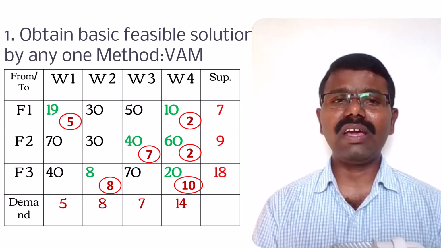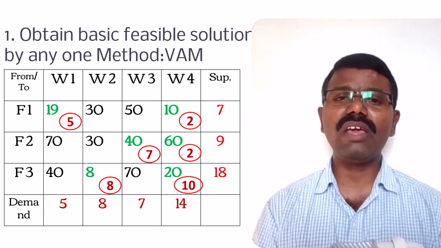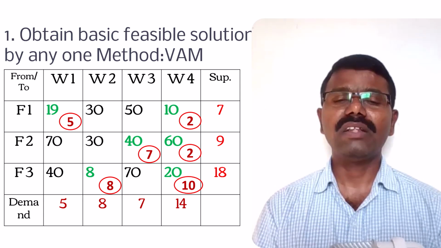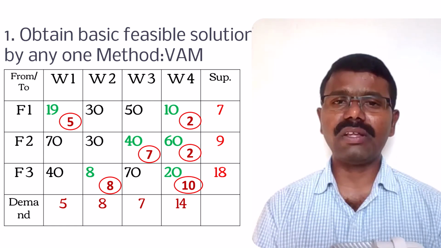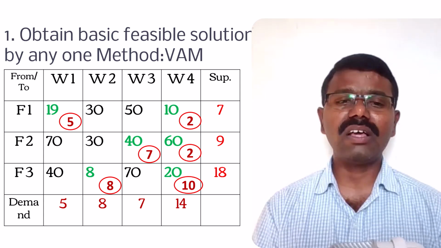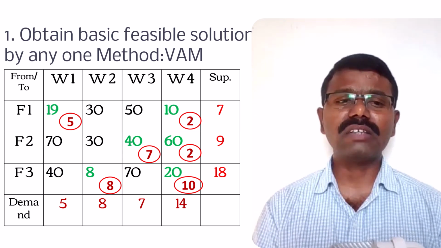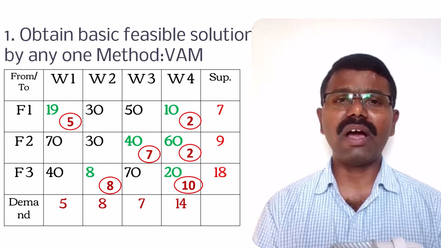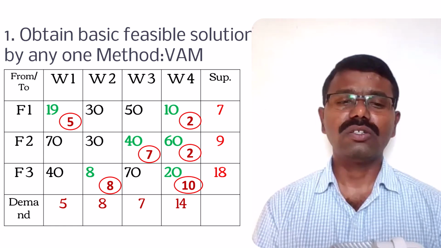Initially obtain the basic feasible solution by any one method. Here they already mentioned Vogel's approximation method, so we are directly taking the allocations from the previous problem, because this solution is the same as before.